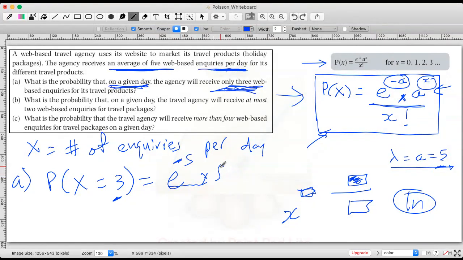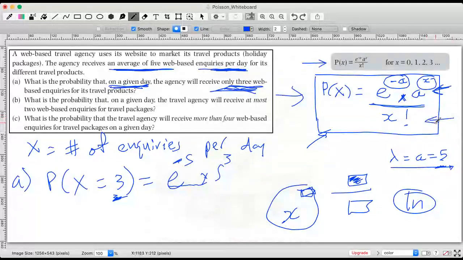Cool. So we're all on 5, and then we're going to press this exponent button. If you press that, then you're going to enter the value for x, which is 3. Now you move the cursor to the denominator, because we've entered everything in the numerator. We've got everything we need in the numerator.